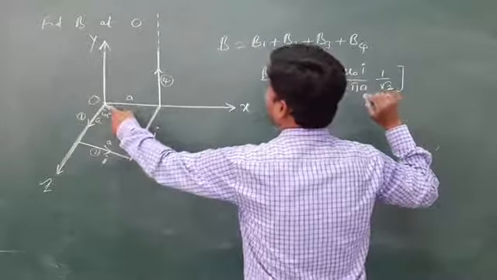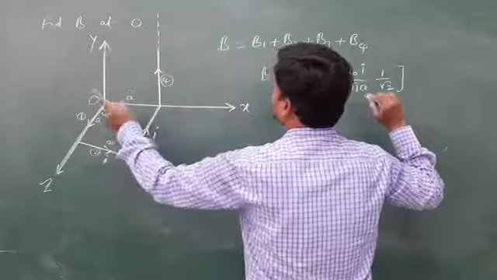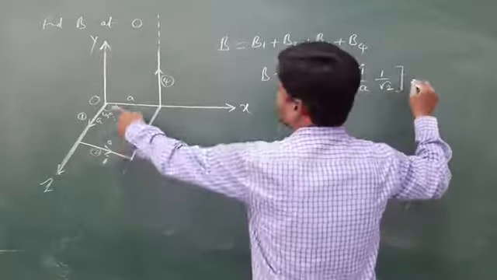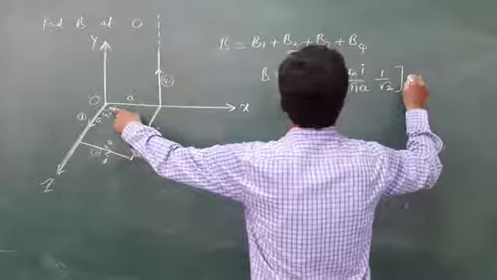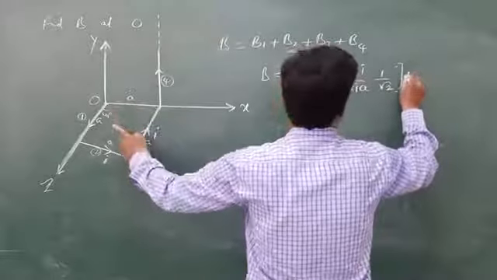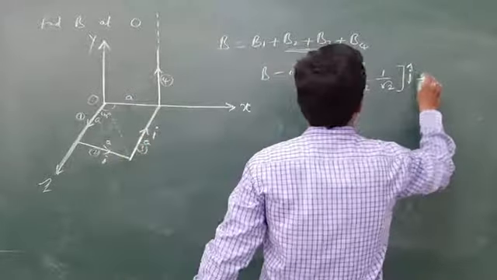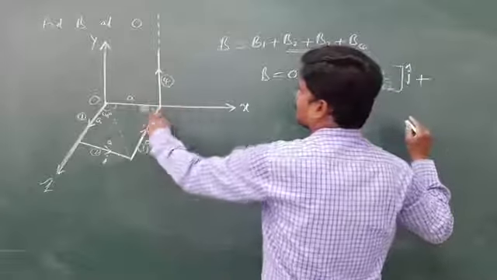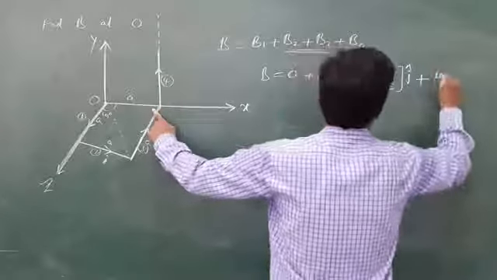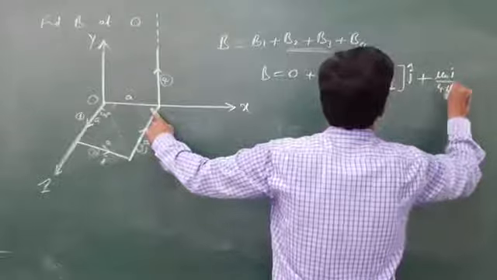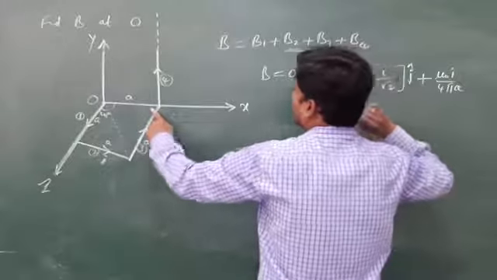For this one it is in and this is out. Outside means outward along the y-axis, so plus j. Coming to B4, at a distance a from one end of the wire: mu naught I by 4 pi a, one end.